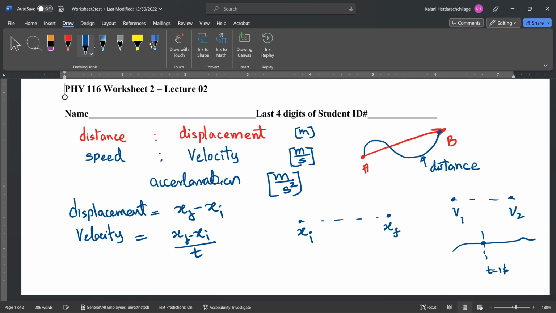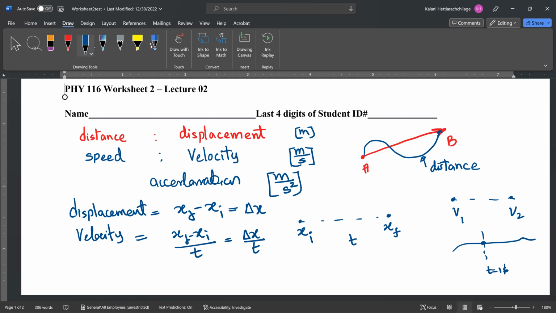So now if we take time t, right? Now this quantity, x final minus x initial, anywhere you see the final and initial difference, we call it the change of that quantity, right? So that means this is the change of position divided by the time.